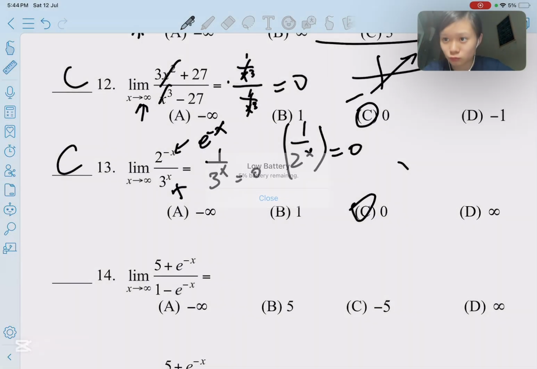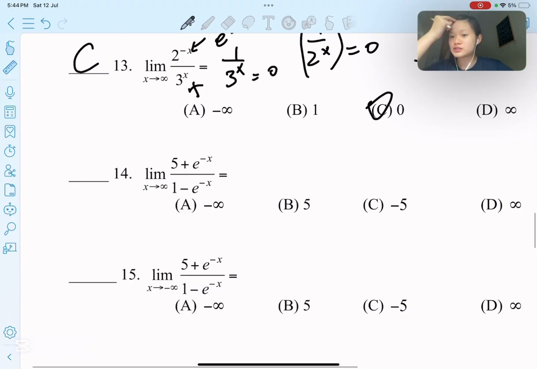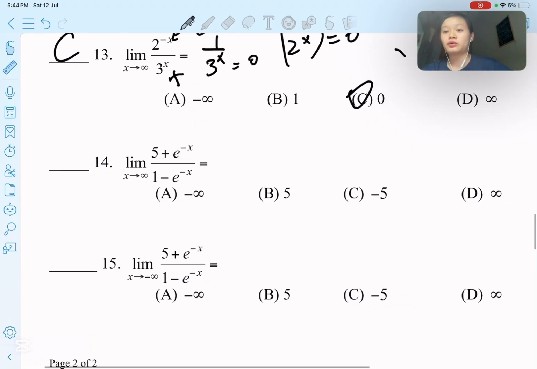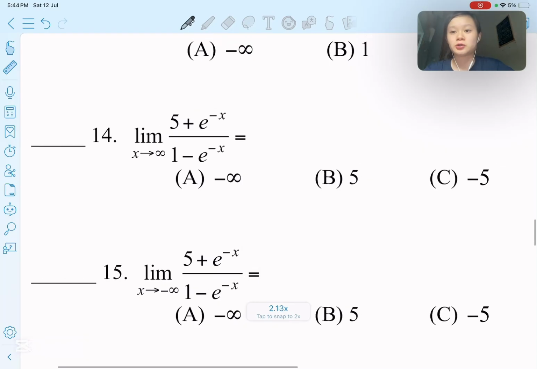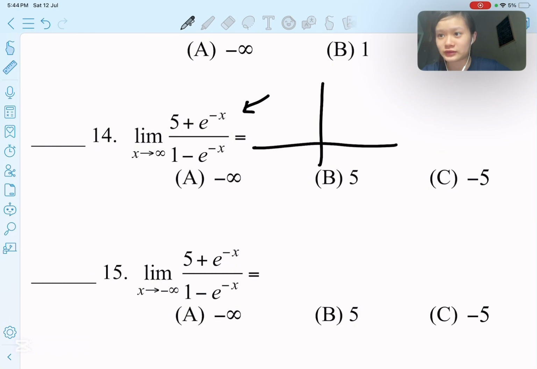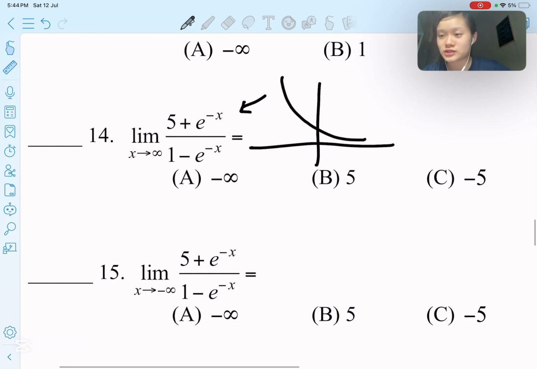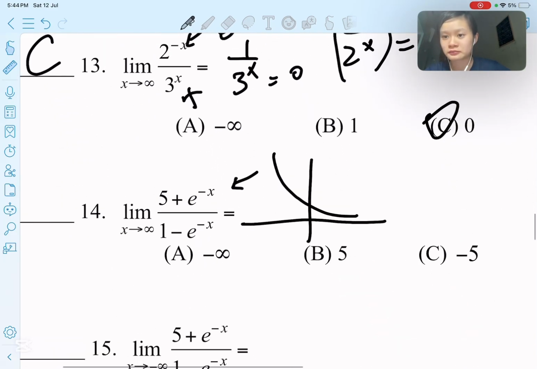Okay, these two are the trickiest ones, even for me, when I did this question. So the difference is positive infinity and negative infinity. The first part here is, again, looking at the graph. I was wrong twice in a row, but e to the negative x is what it looks like here.